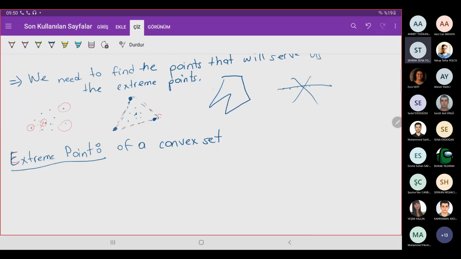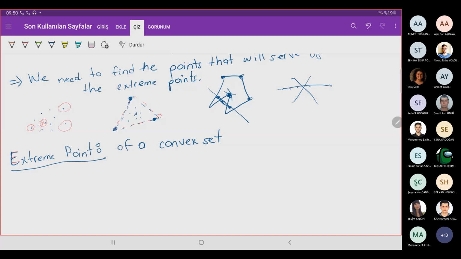Here we said that it's concave because if I draw a line here, some part of it is there, some part is inside, okay? If I take just two points in this region, it goes out of this region. So that's why I shouldn't take this point, but these ones I take.